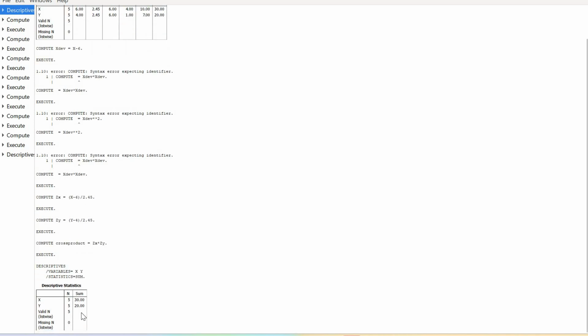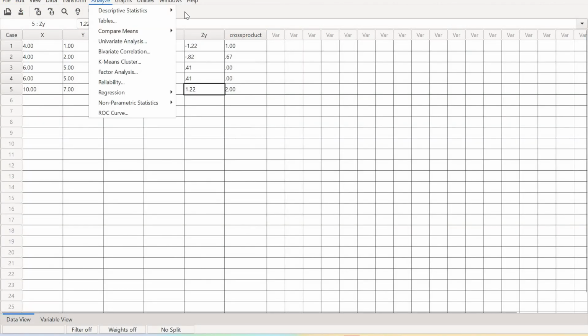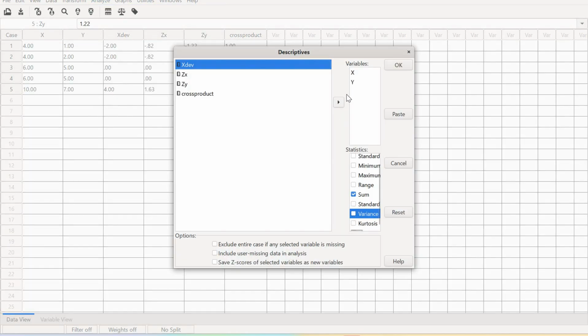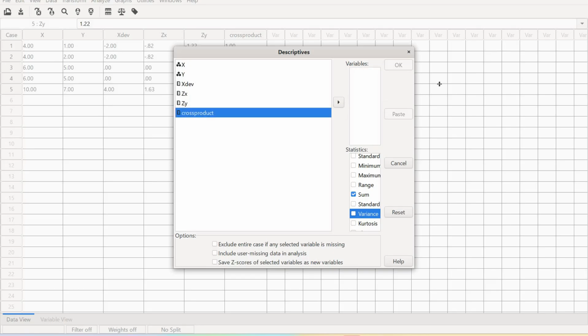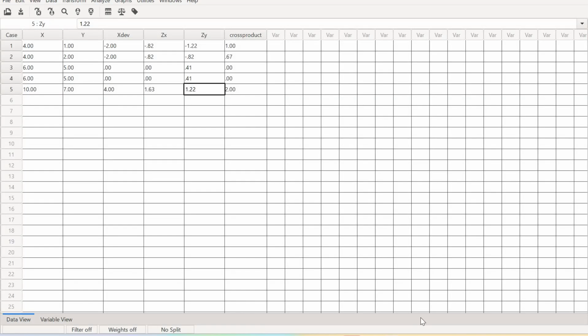No, I don't want sum of x, sum of y. I want the sum of the cross product. Okay.